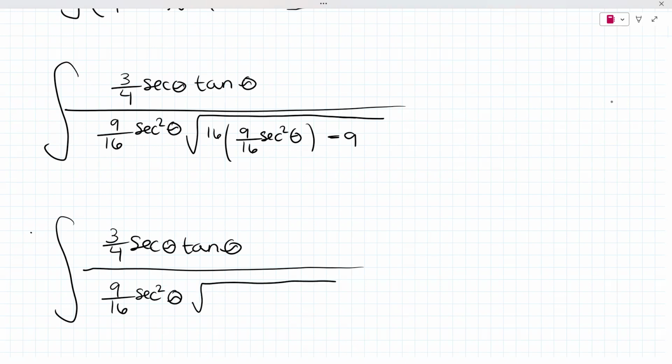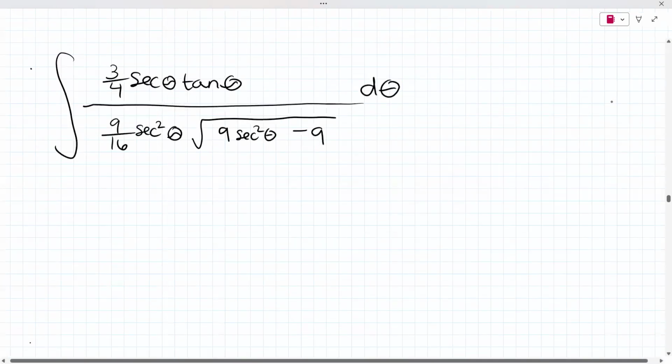Okay, so 16 times this whole thing, you FOIL this out, the 16 cancels, so you're left with 9. 16 times 9/16 is 9 secant squared theta. And then you have this minus 9. And you still have this d theta right here. Okay, clean this up a bit more.